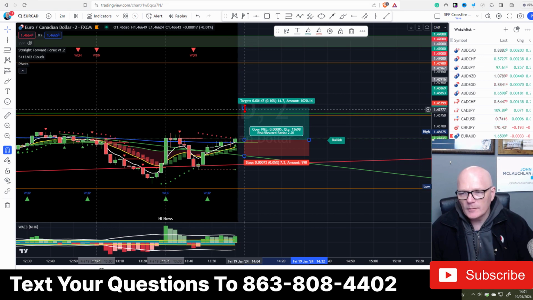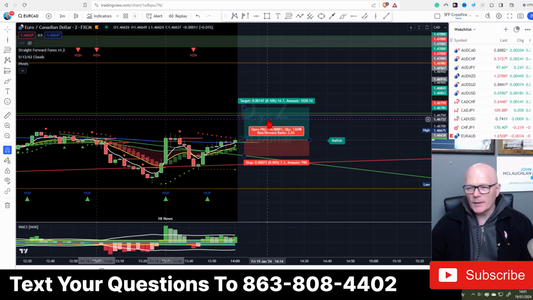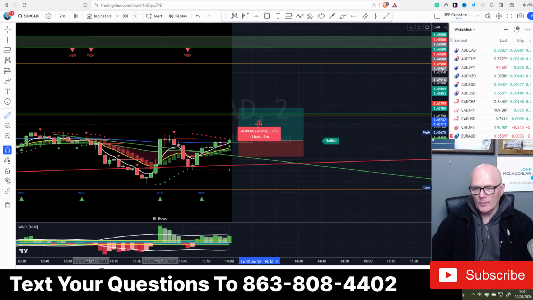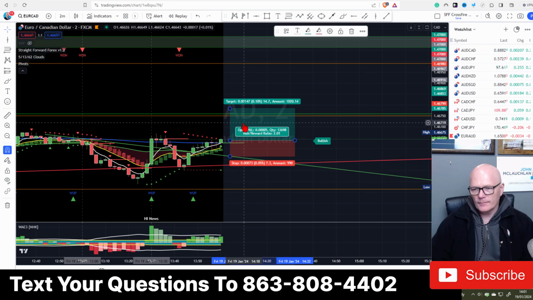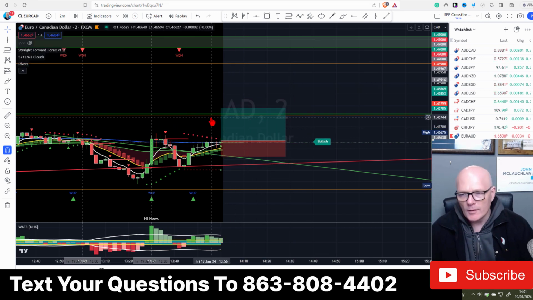So ideally we'd want our 1 to 2 to be below the pivot, and that would be better for us, but let's leave that on and see where it goes, because if price does continue to go up, okay, it'll go to the pivot.